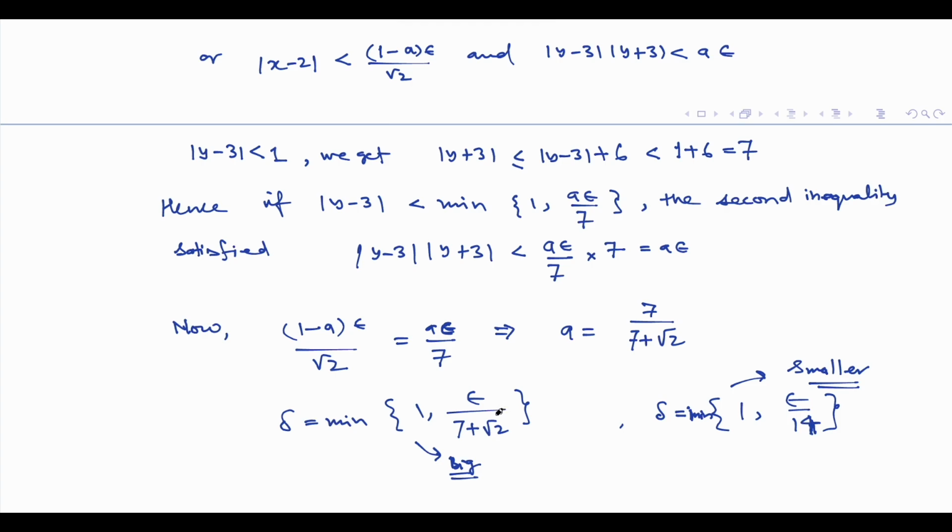You got my point or not? So it depends upon how you are going to effectively choose delta, but it's more important to take a smaller delta. If this delta works, then any smaller delta will also work. That is why this is a very important problem. So I hope you have understood how to figure out delta as minimum as possible to satisfy the condition on the limit for every epsilon.